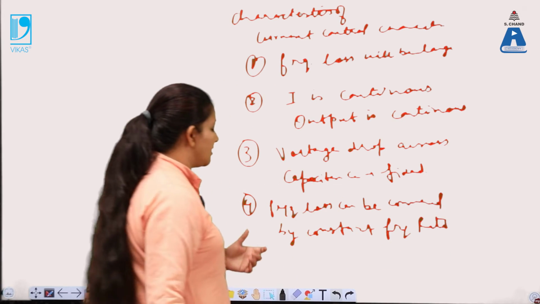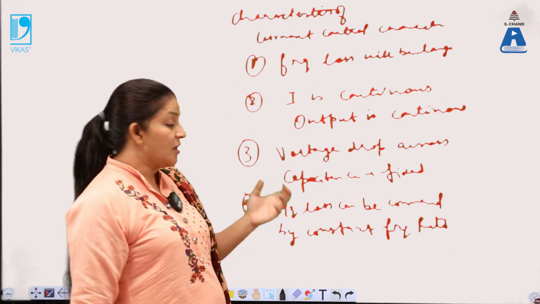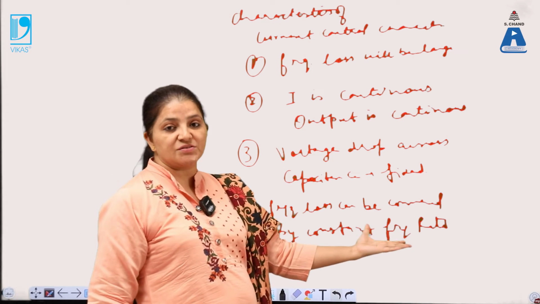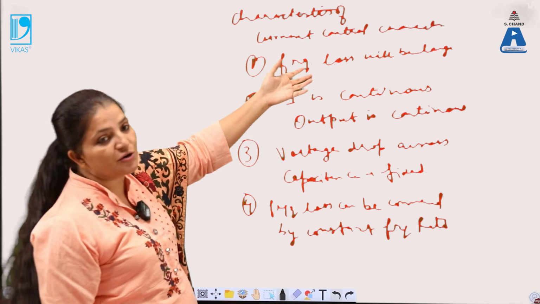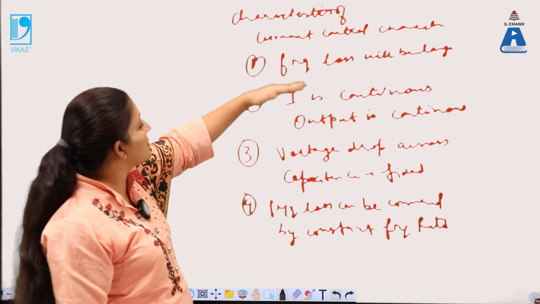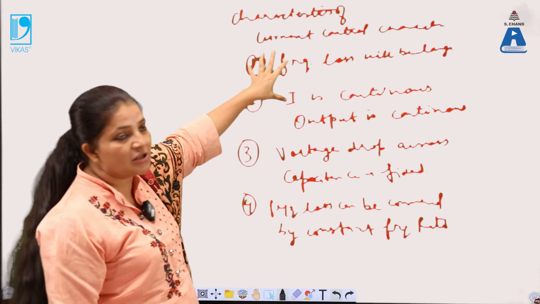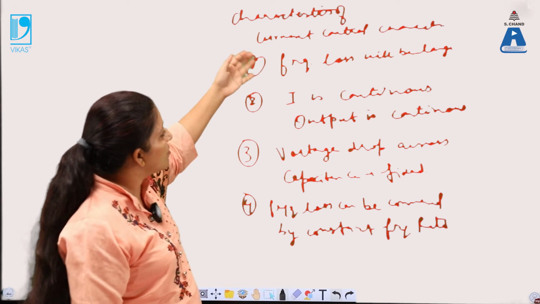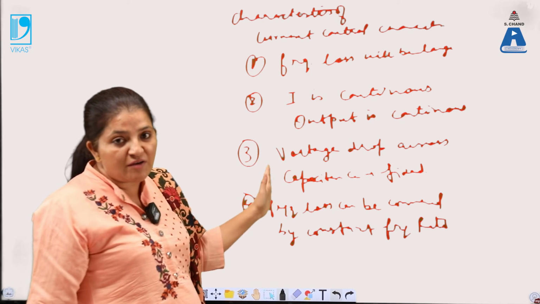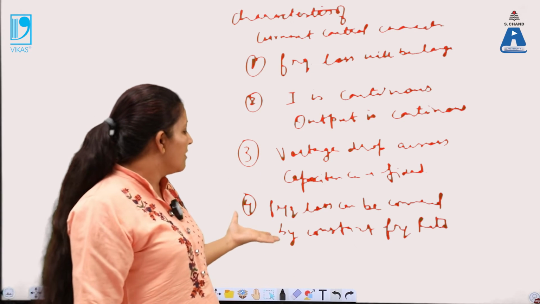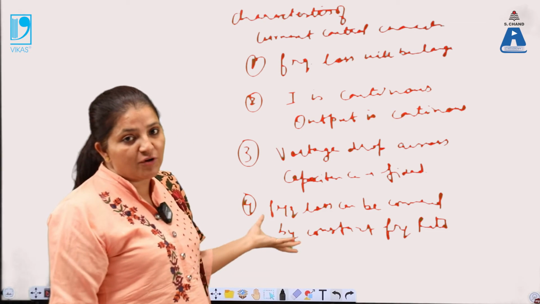Meaning if we want that there will be no frequency loss, then we will prefer the constant frequency ratio. If we want the current to be controlled, in the constant current characteristics the frequency loss will be there. But if we want input and output both to have the same frequency, then the constant frequency ratio will be preferred.